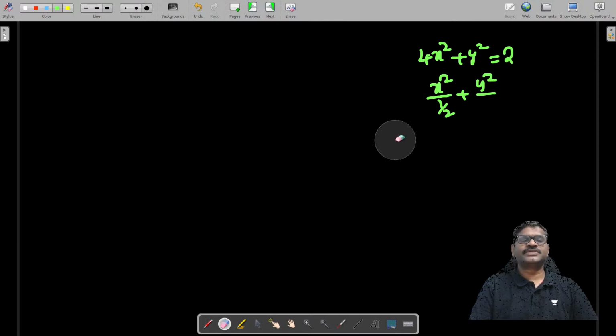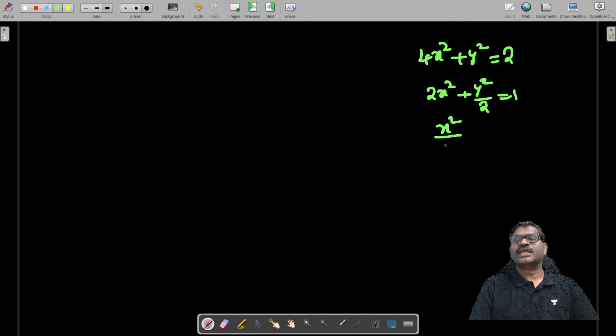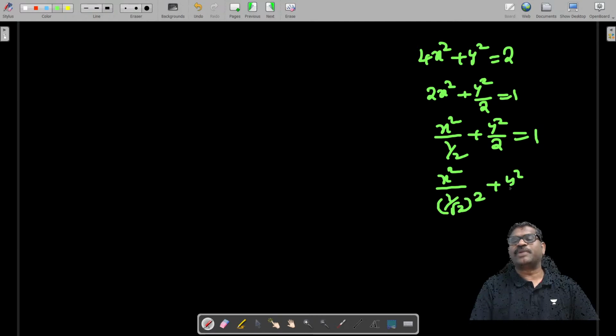One minute. x square by (1 by 2) plus y square by 2 equal to 1. x square by (1 by root 2) whole square plus y square by (root 2) whole square equal to 1. It represents an ellipse.